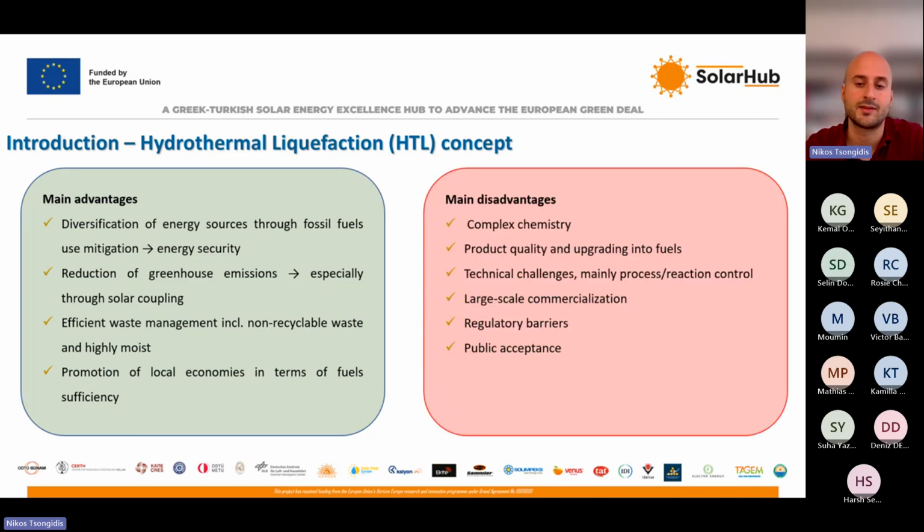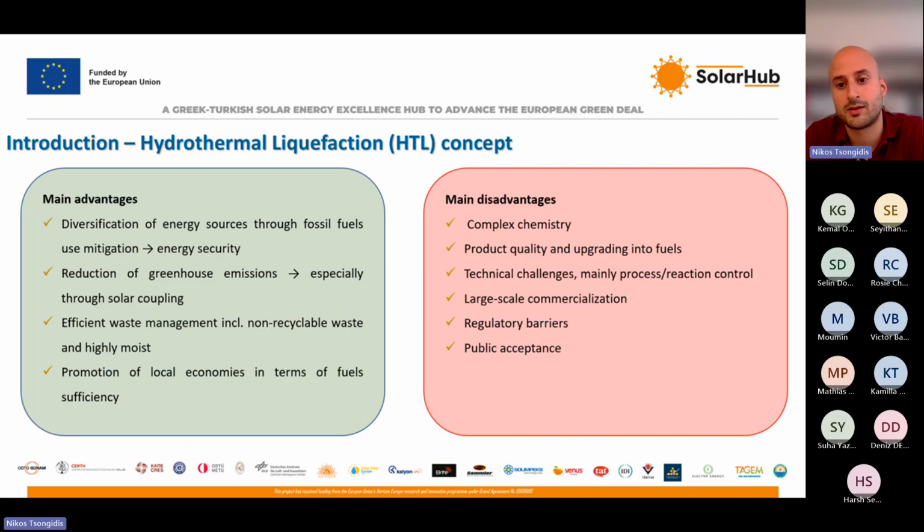So some disadvantages, especially for HTL: the chemistry is quite complex. This is something that I wanted to stress. We also have the need to upgrade the products, especially the biofuel product quality, through upgrading and through hydrogenation in order to obtain the final fuels. Then, of course, there are some technical challenges, especially when it comes to the process and reaction control with HTL.